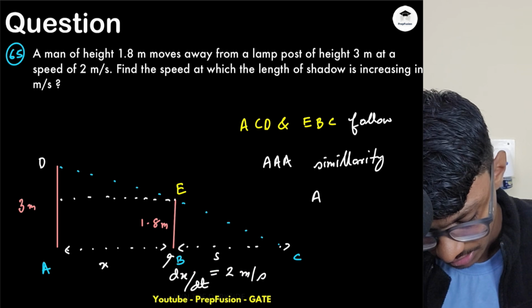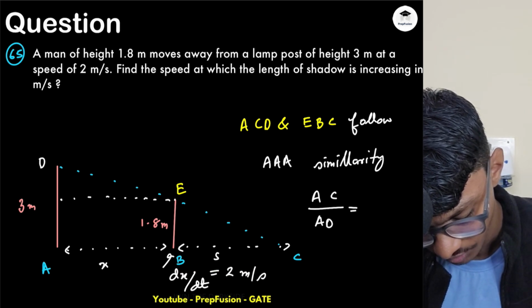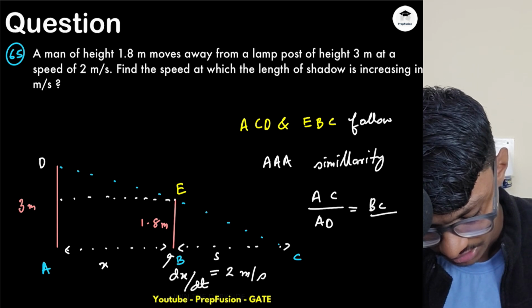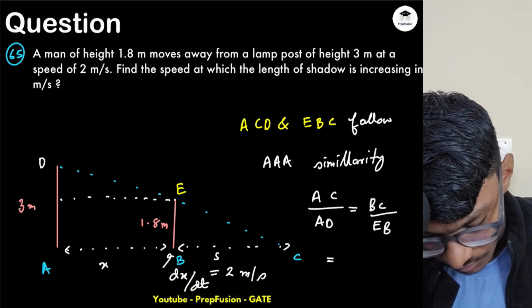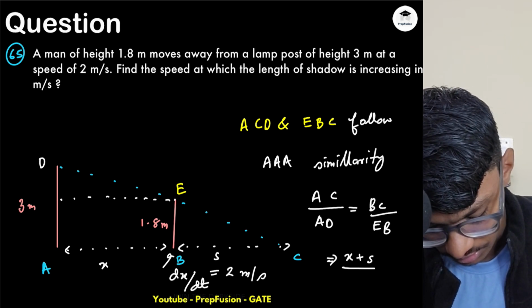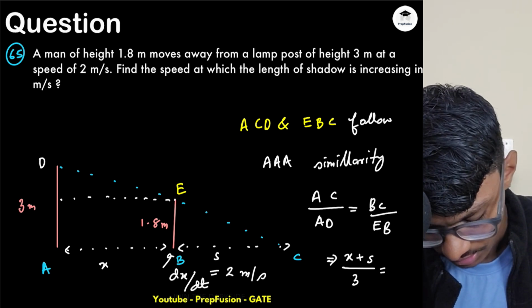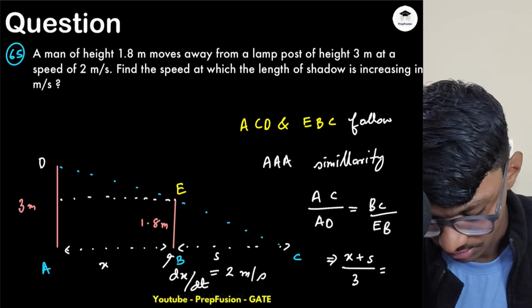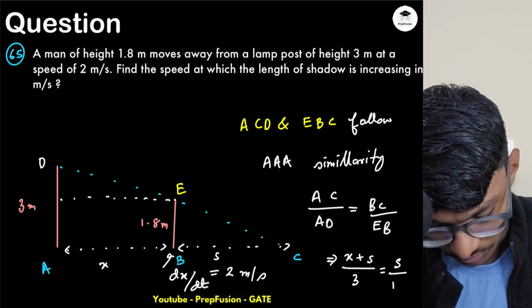I can say AC upon AD equals BC upon EB. AC is x plus s, upon AD, which is 3, equals BC, which is s, upon EB, which is 1.8.